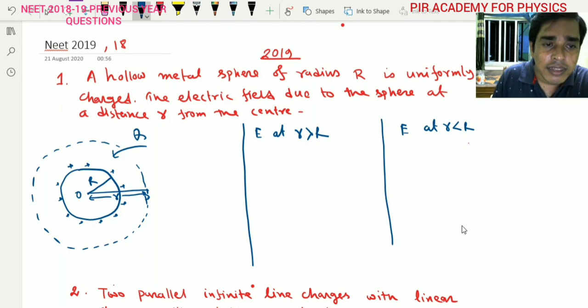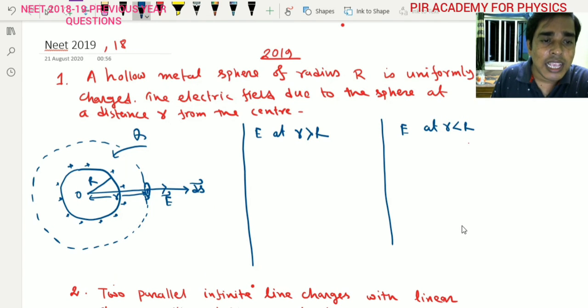We take a small surface element, this is ds. The direction of this small area vector is along this direction, and the electric field due to this hollow metal sphere at point P is along this direction.